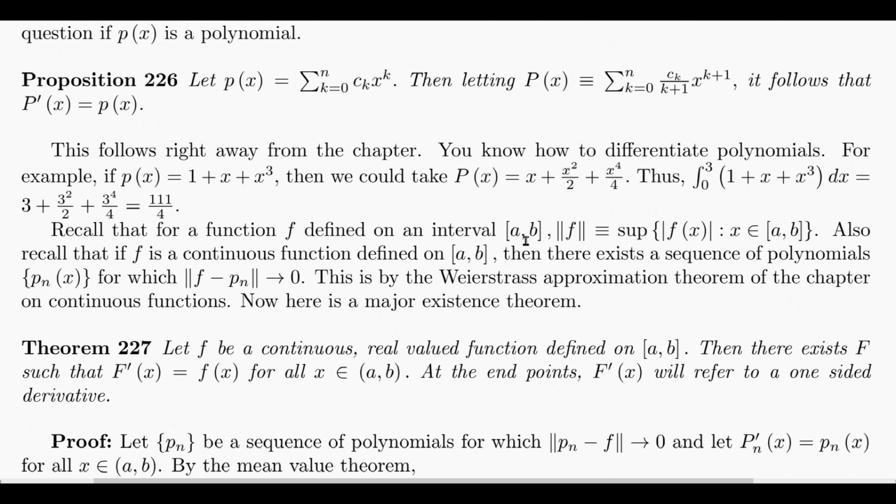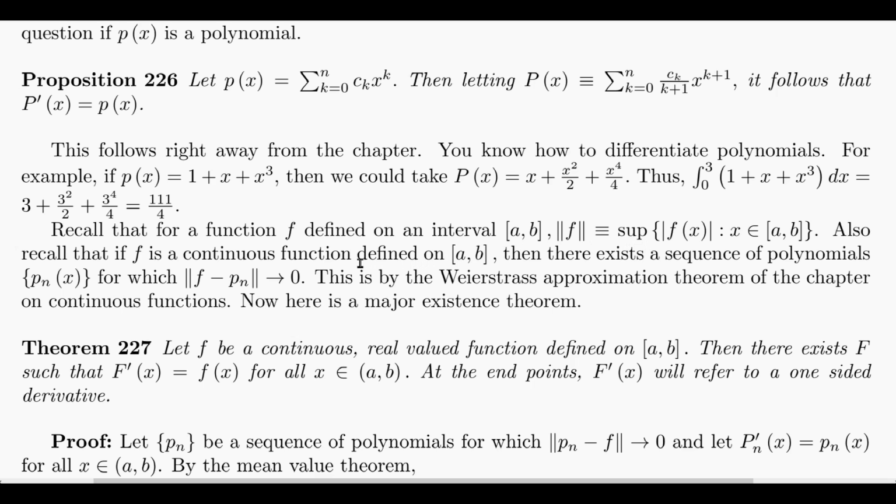Okay, now remember some notation. We discussed the Weierstrass Approximation Theorem in the chapter on continuous functions. The norm of a continuous function is the supremum of the absolute value of f of x such that x is an element of [a, b]. Now for continuous functions, I could put maximum here by the extreme value theorem.